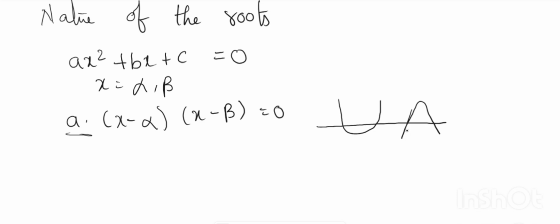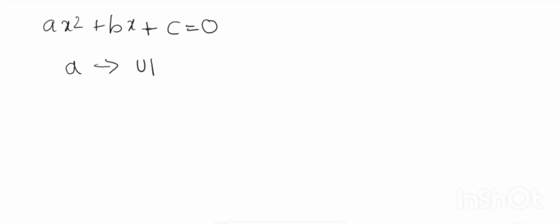It indicates whether it is an up or down graph. For the equation ax square plus bx plus c is equal to 0, a is very important. It helps us understand whether the curve is up or down, that means whether the curve is up or the curve is down.